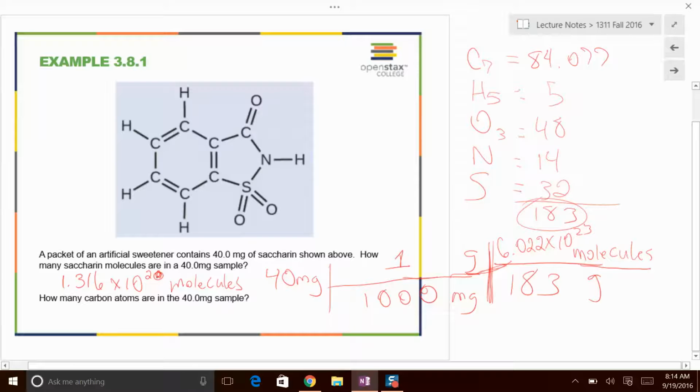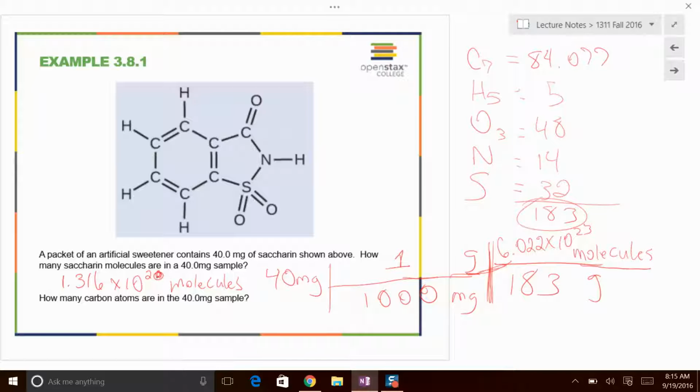Now, here's a further question. How many carbon atoms are in a 40 milligram sample? I've already done most of the work to answer this question, but now it wants to know carbon atoms.